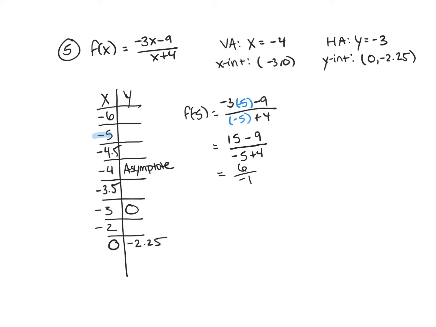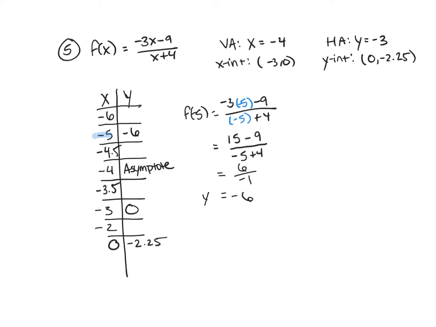So 6 over negative 1 is negative 6, telling me that the y value when I plug in negative 5 is negative 6. So that's how we would find our y values. You can go through and solve by hand with all of these. You can also just use a calculator. You can plug this equation into your calculator with different x values each time and solve that way.